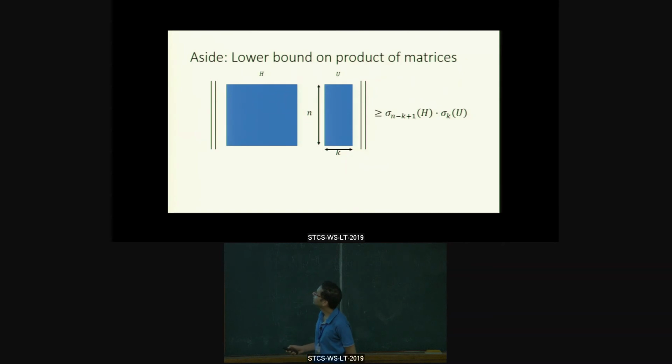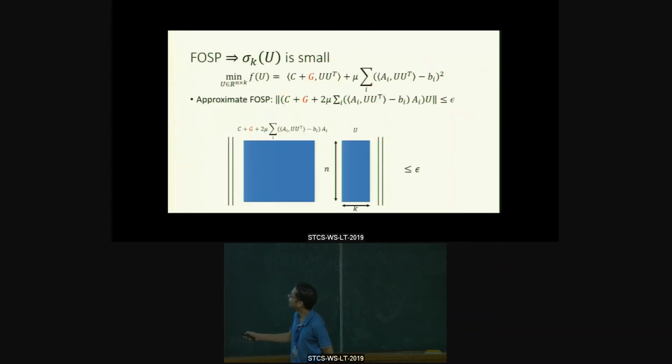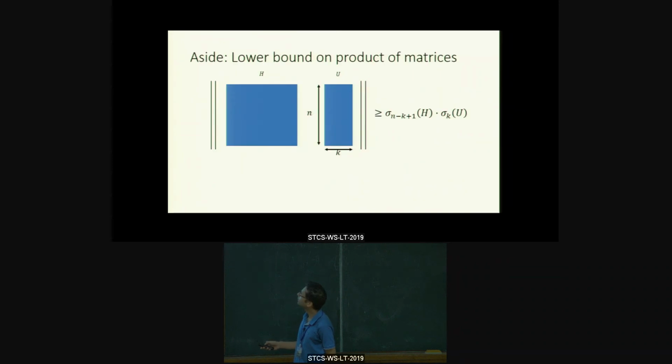As an aside, if we denote this more complicated matrix by H, so we have H times U, we can write a lower bound on the norm of a product of matrices, which is simple, very well known, and not difficult to show using the variational characterization of singular values: the norm of the product of two matrices is lower bounded by the product of the (n minus k plus 1)th singular value of H and the kth singular value of U. This is very closely related to Weyl's inequalities on the eigenvalues of products of matrices.